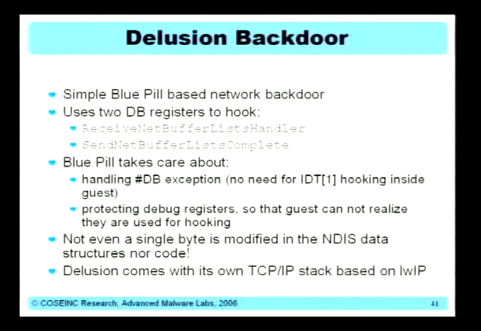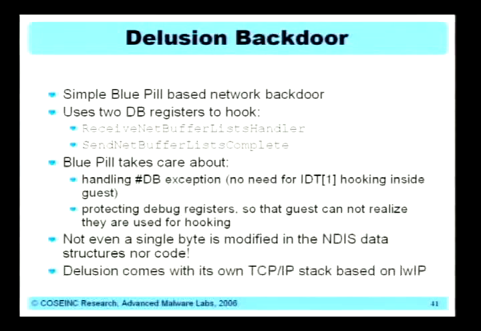So we saw Alex's presentation just an hour ago, and he was talking about how this method is very stealthy because it requires only one double word modification inside the system. This method requires zero double word modifications.